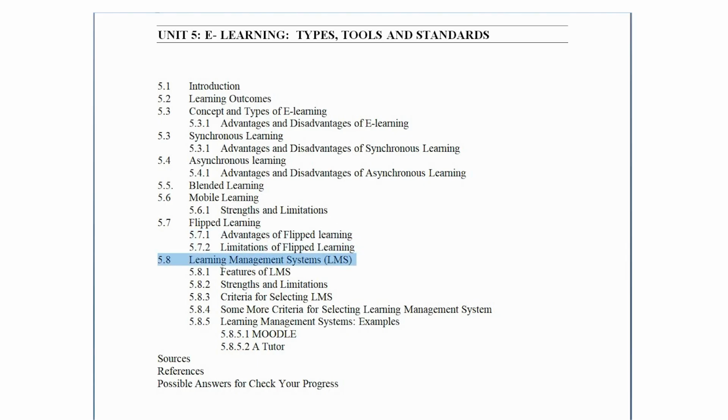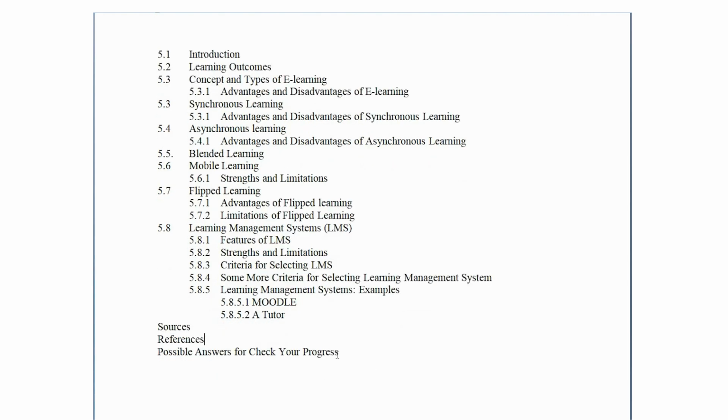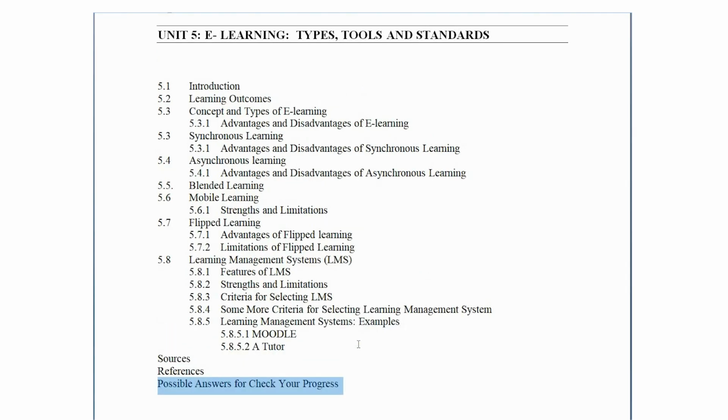In a similar way, 5.8 also has sections and subsections, starting from 5.8.1. At the end, it has the sources and references, which are the articles used, and finally the possible answers of the check your progress, which is also provided in the IGNOU study material.